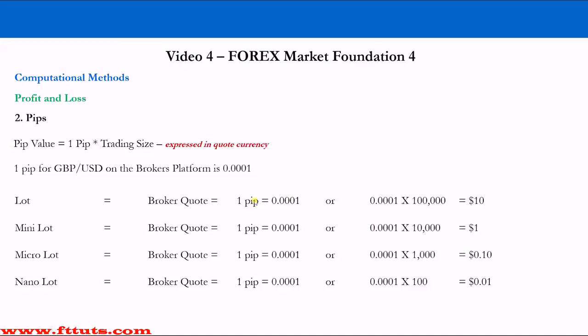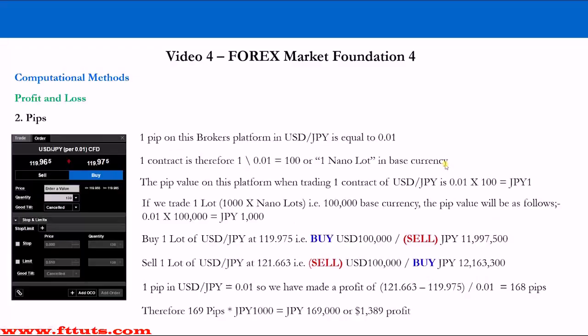So all you do is take the pip value and you fix it across all sizes, and you multiply across the sizes. So here, 1 lot is 100,000, a mini lot is 10,000, micro and nano, and you get your pip values expressed in quote currency here. So you can apply that table across all trading platforms.